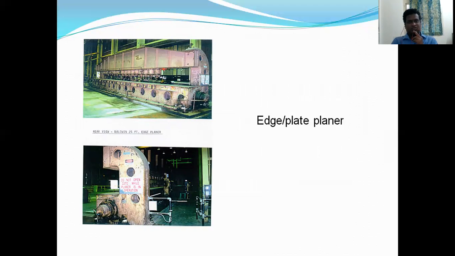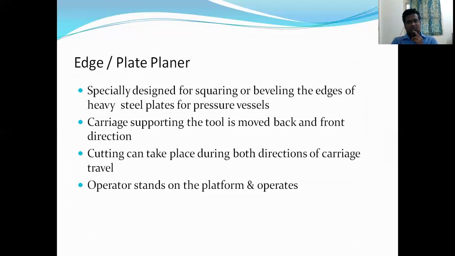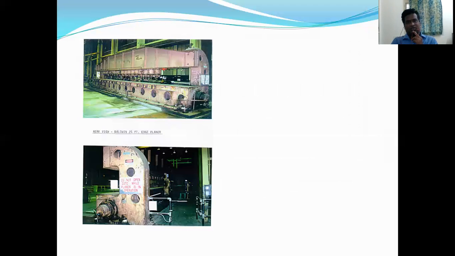So this is the edge plate planer. It is used for squaring and beveling of the edges. The operator stands on the platform and operates.